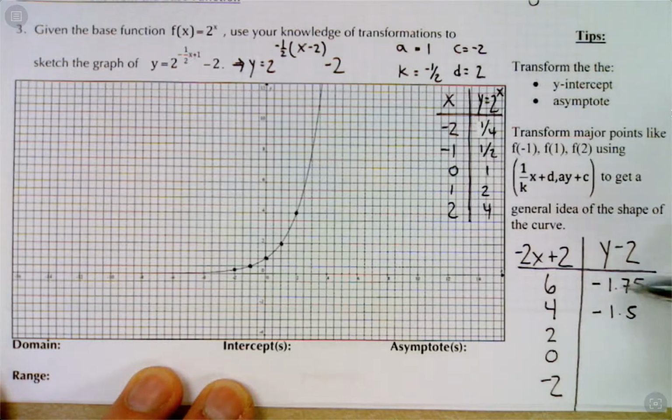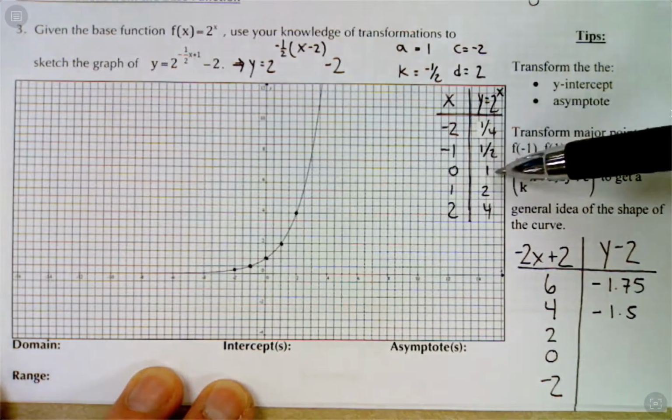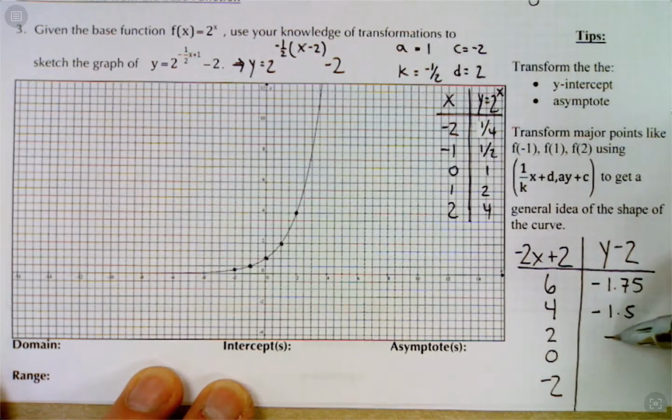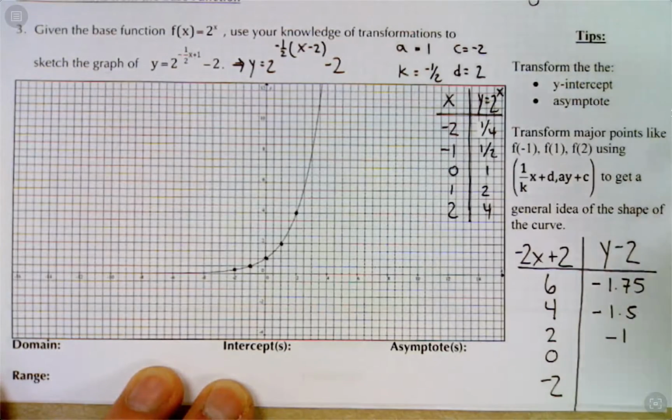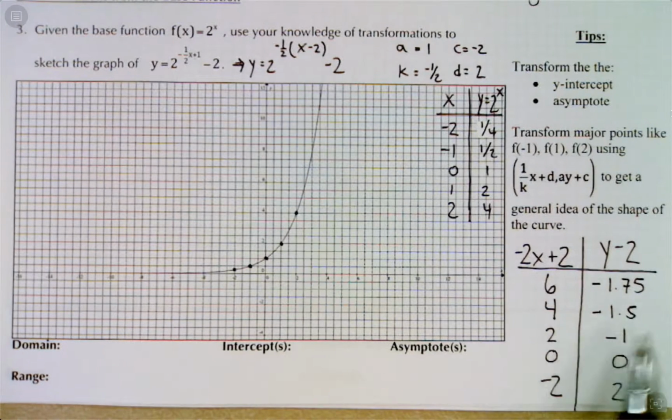I can use fractions, but decimals make it a little bit easier to graph, and these are nice decimals. 1 minus 2 is -1. 2 minus 2 is 0. And 4 minus 2 is 2. So now we have 5 new points.